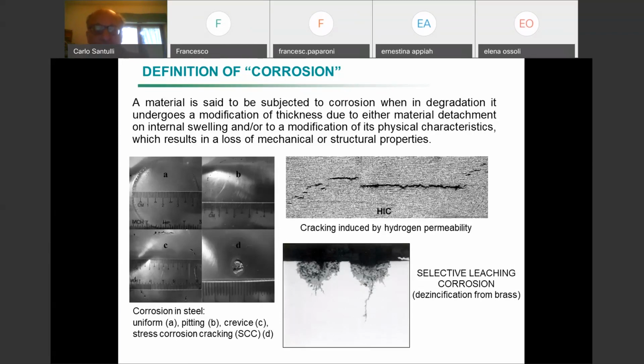We are going to discuss fatigue later on, which is also related. And as a matter of time, you may have some cracks.